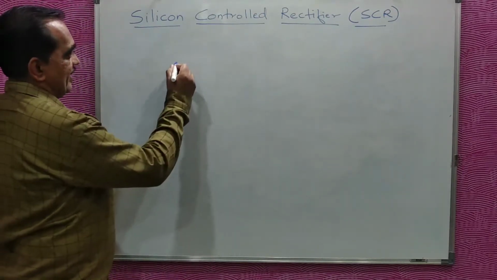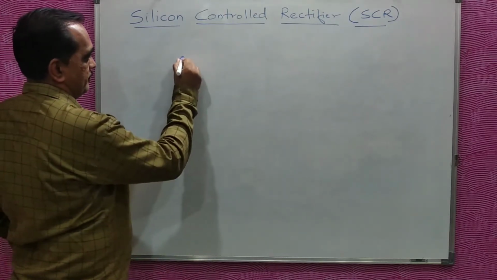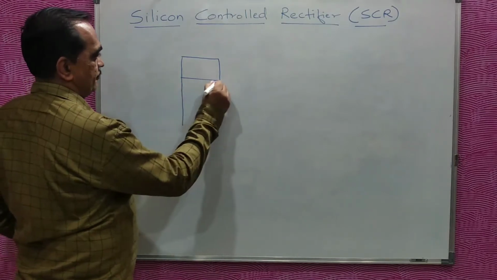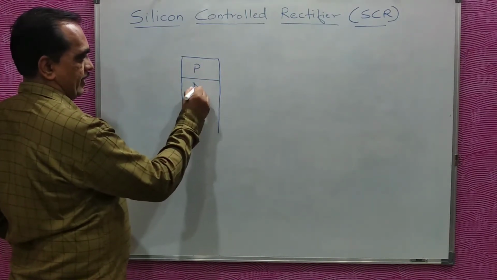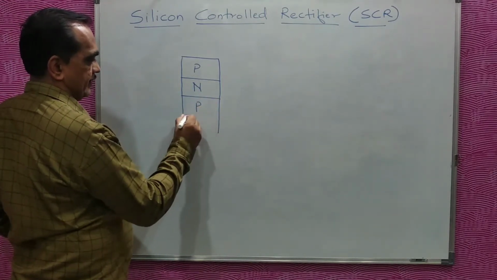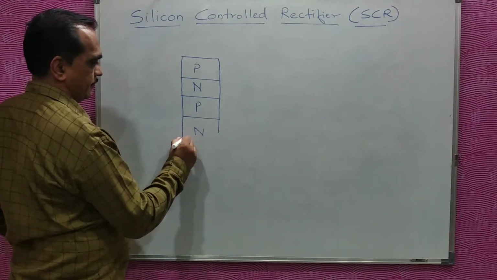If you draw the layer diagram, you will have a first P layer, then an N layer, then again a P layer, and then an N layer.